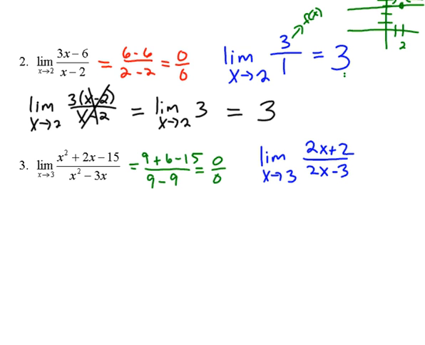And I go ahead and just plug my 3 in now. So that's 6 plus 2, which is 8. And 2 times 3 is 6, minus 3 is 3, so my answer is 8/3.